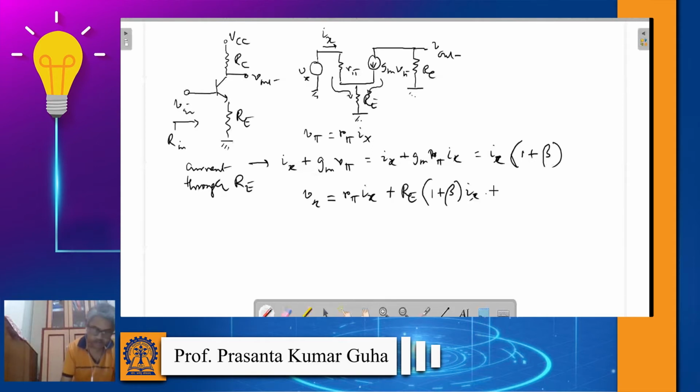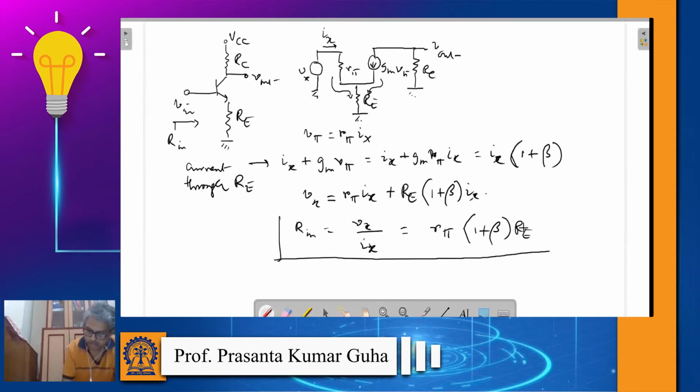So you see your Rin is coming out to be... this is an important relation to remember, that in the degenerated amplifier circuit, the input resistance Rin will be equal to R pi plus 1 plus beta into Re.